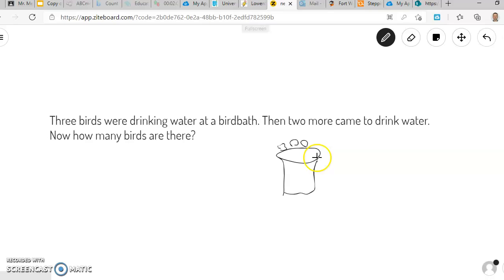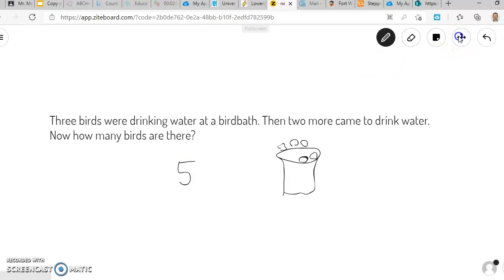So this is addition. All right. So 1 and 2 more. These definitely don't look like birds, do they? But they can kind of represent birds sitting around the bird bath. So they're drinking their water. And now how many birds are there? It is 1, 2, 3, 4, 5. So I'm going to put 5 here. All right, boys and girls.